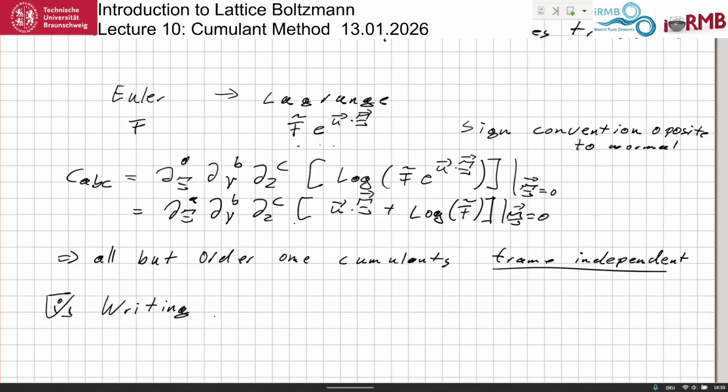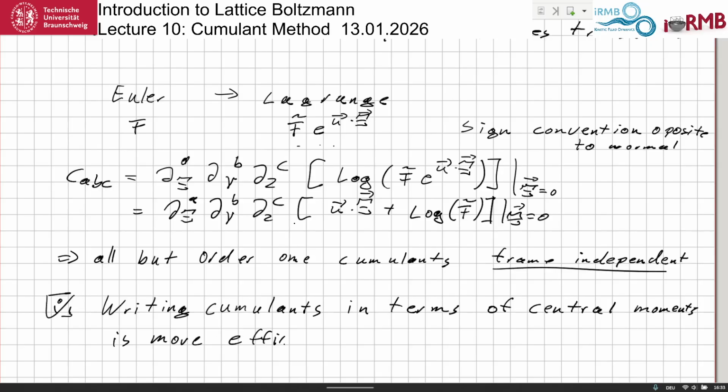And now we make the observation that writing cumulants in terms of central moments is more efficient than in terms of raw moments.